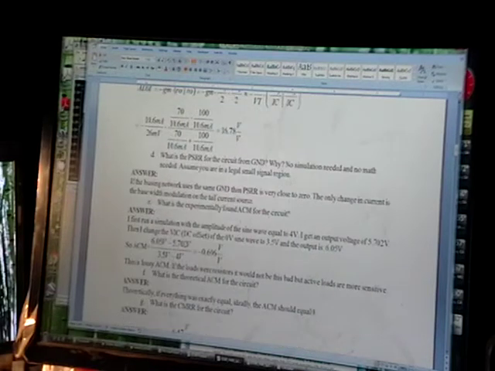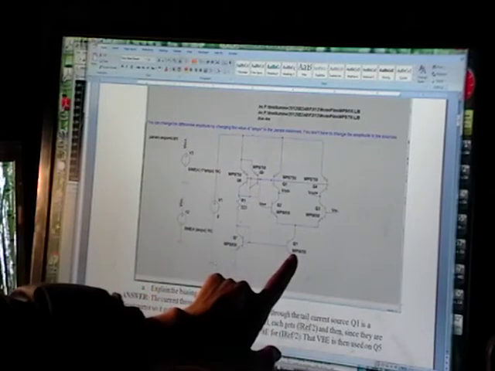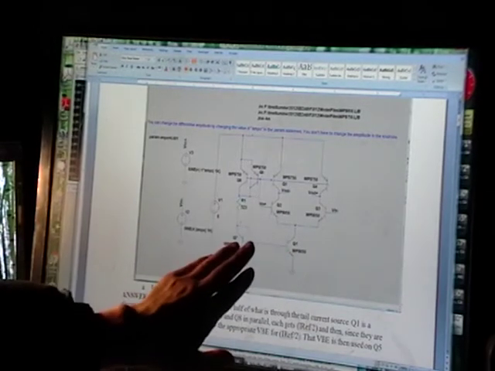Power supply rejection ratio: if I told you not to do any simulation or math, for the tail current source, you've got the biasing circuitry here and the tail current source. If these grounds are close together and have the same noise on them, this is almost entirely rejected.